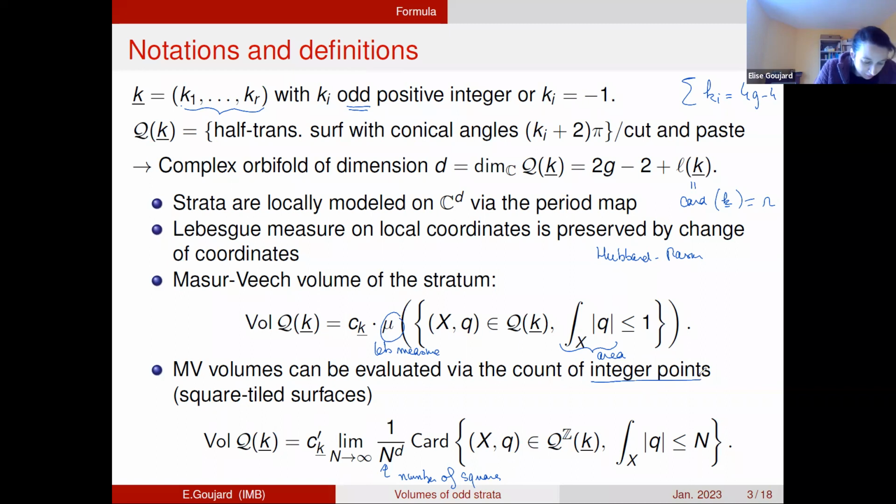So integer points in the stratum just correspond to square tile surfaces. Why is that? You want to think of quadratic differentials with integer periods.